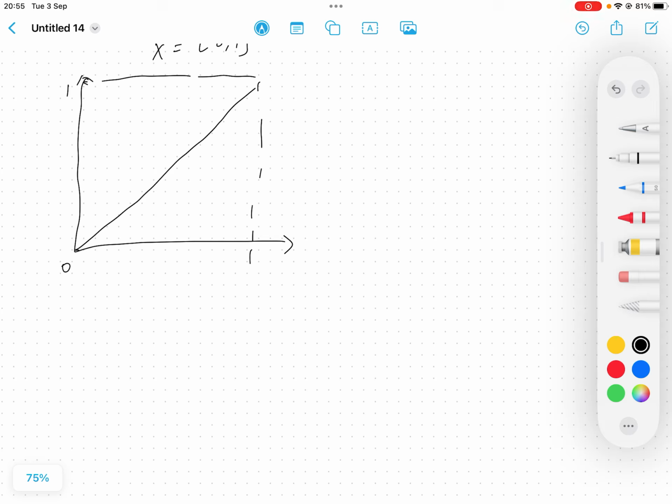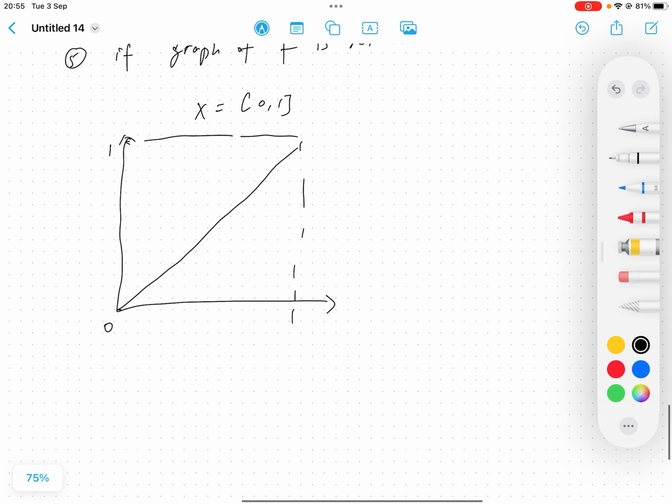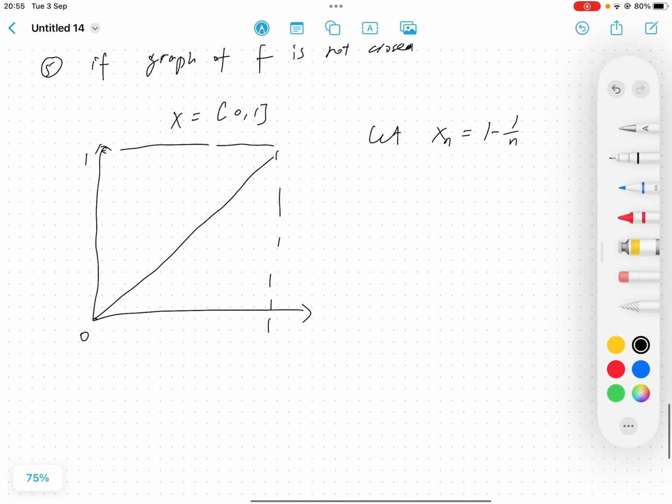So rigorously, let x_n, the sequence, be 1 minus 1 over n, where n is a positive integer. The limit of x_n as n goes to infinity will be 1, right?